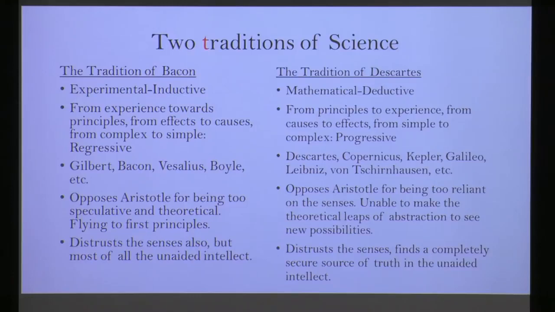So I call this tradition the mathematical deductive tradition. It's mathematical. The key to science is mathematics, concepts, ideas, and it is deductive, meaning rather than starting with particulars and going to first principles someday, it starts immediately with first principles, basic concepts, the causes of things, and tries to deduce everything from that.